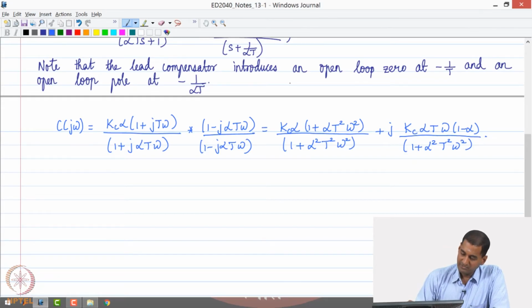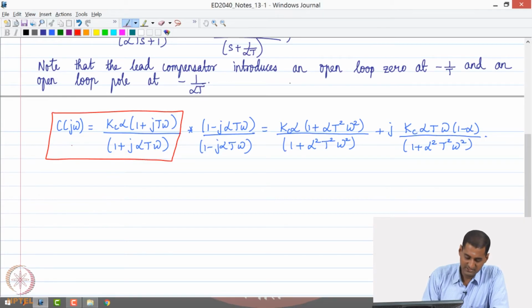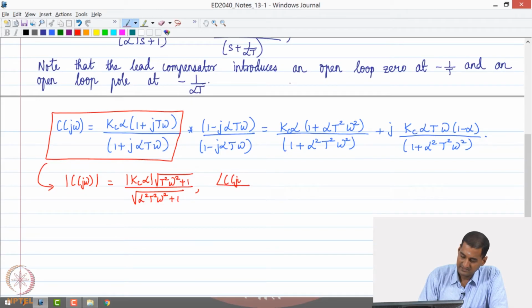From the function C of j omega, we can immediately observe that the magnitude of C of j omega is Kc alpha times the square root of (T squared omega squared plus 1) divided by the square root of (alpha squared T squared omega squared plus 1), and the phase of C of j omega is tan inverse of T omega minus tan inverse of alpha T omega.